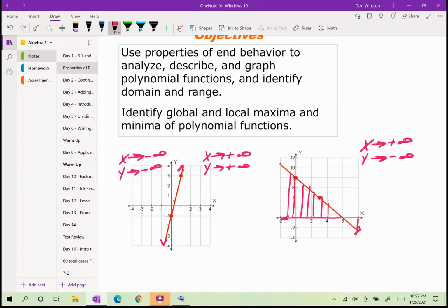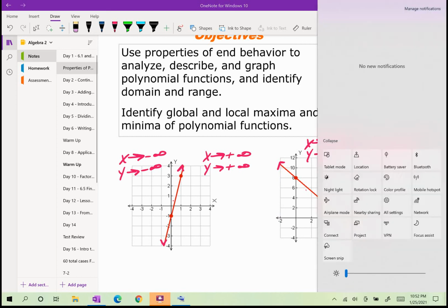They're going to positive infinity, right? So like at -2, I'm probably at something like 11 or so. So as x goes to negative infinity, y goes to positive infinity. So that's what we mean by end behavior: what happens to the y values as x goes to positive and negative infinity?